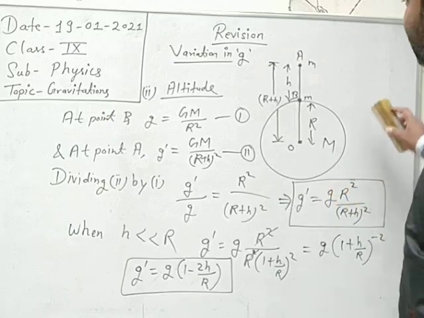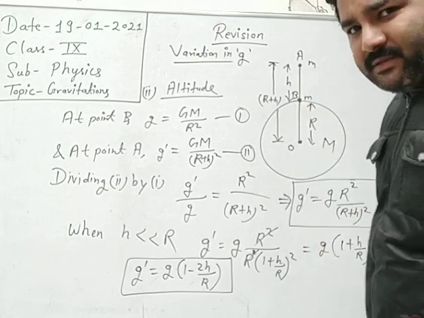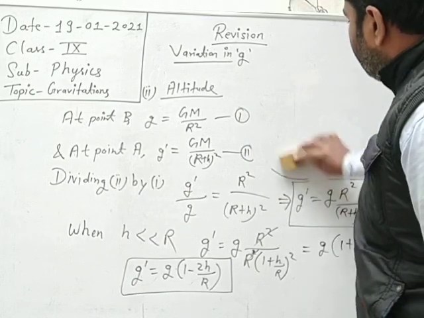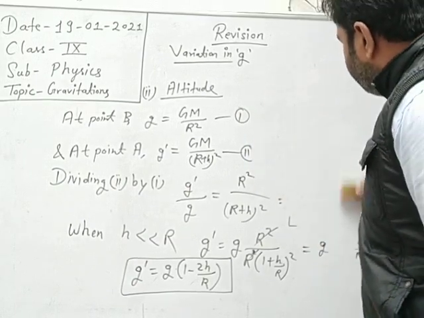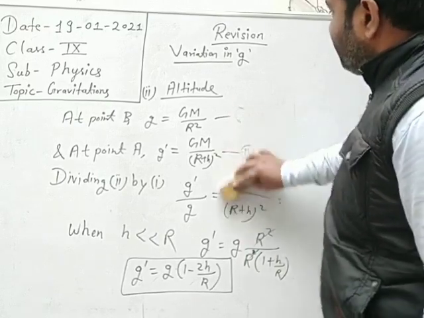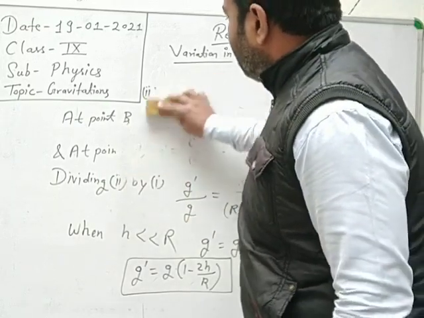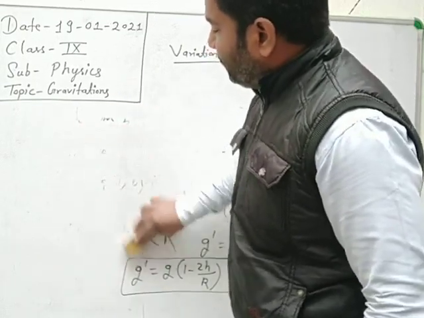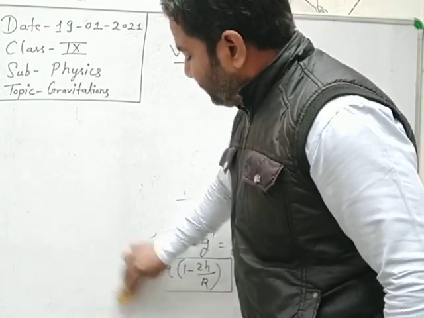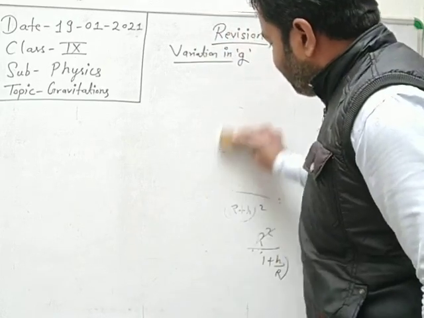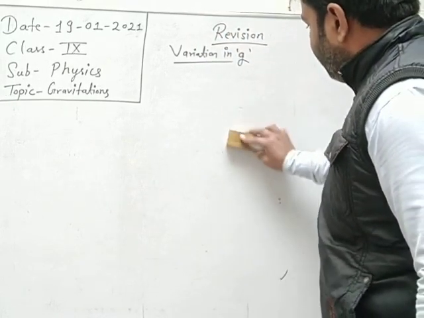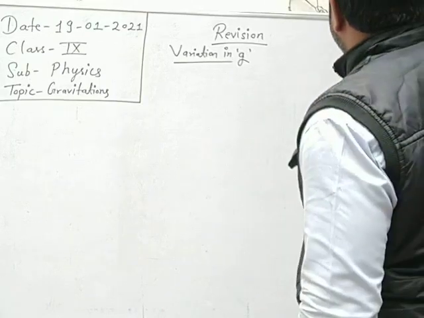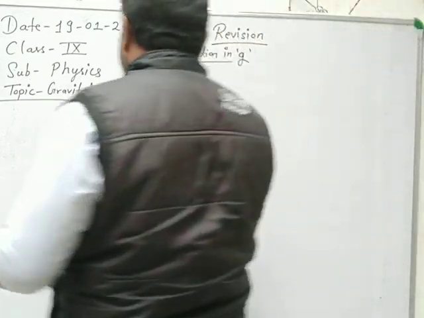Then after this, the last one, the effect of depth. When the body goes down up to depth d, how is the variation in gravity calculated? Very simple concept. Effect of depth, number 3.